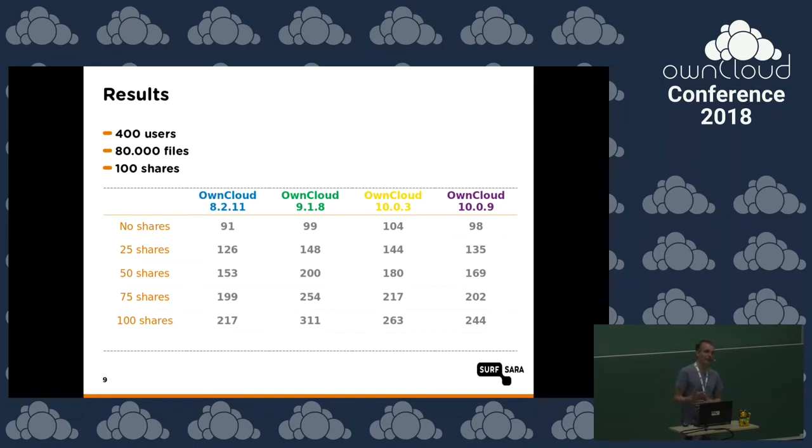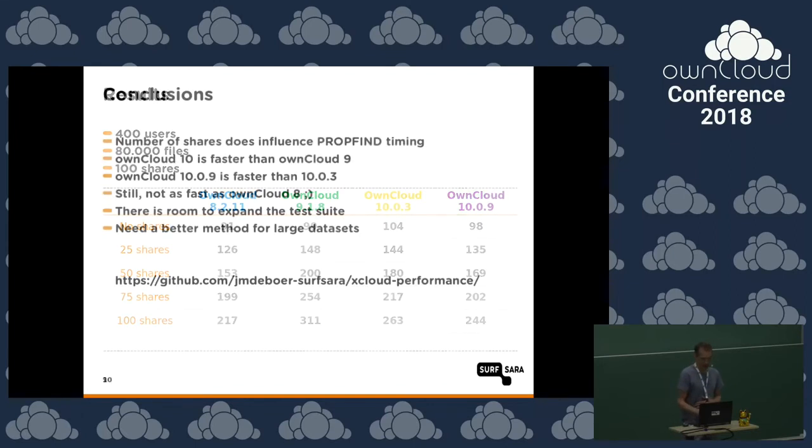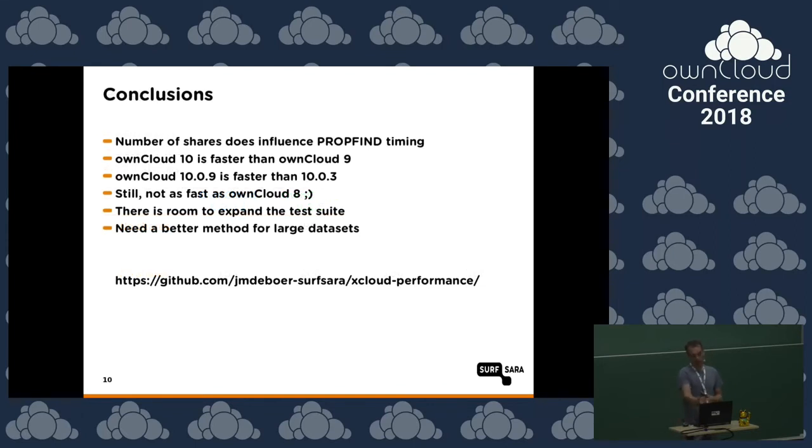So, some initial conclusions. We can definitely see that shares influence propfind timings. 10 is better than 9. Still, ownCloud 8, from a purely performance point of view on this test, is still the fastest.